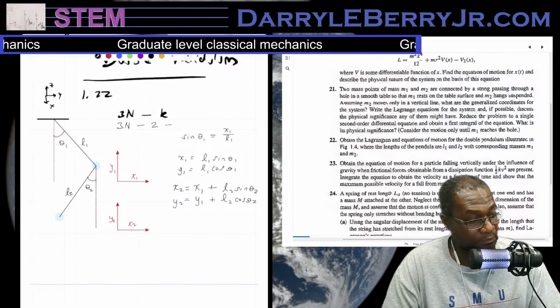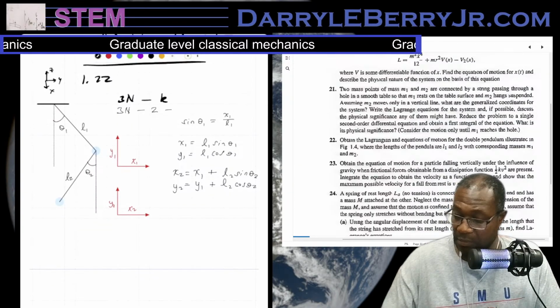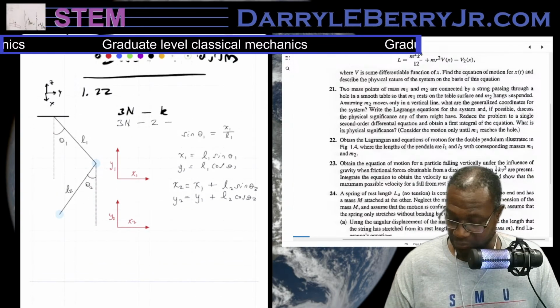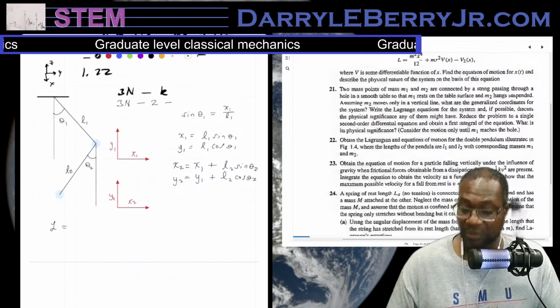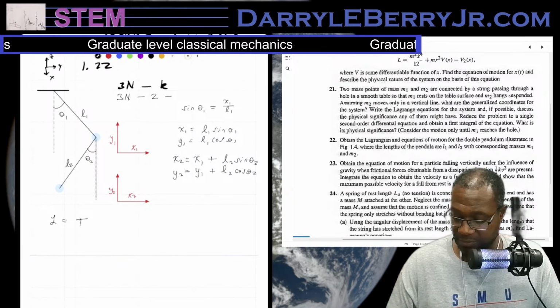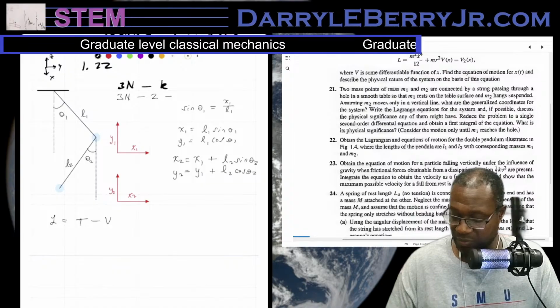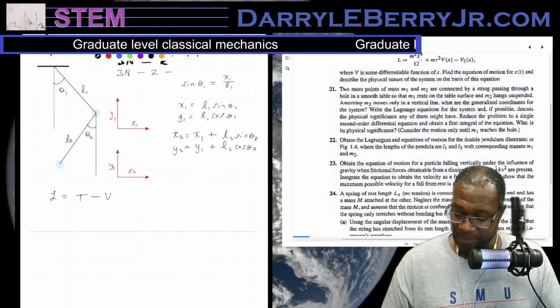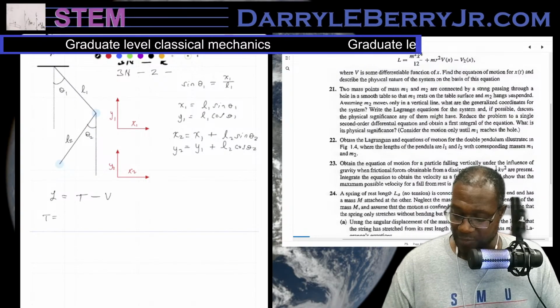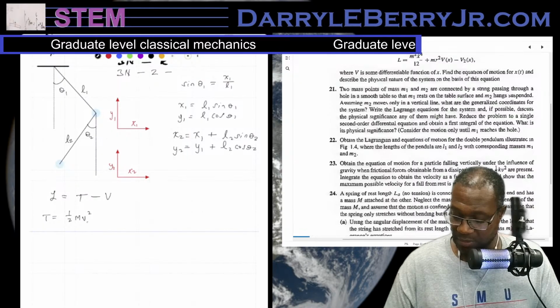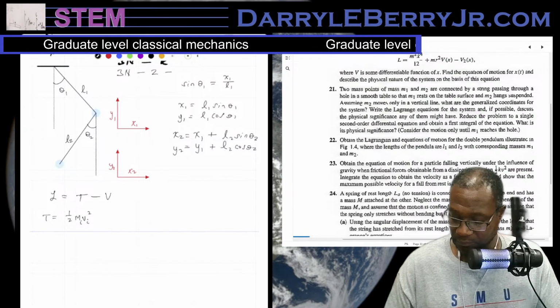That seems right. And for our Lagrangian, it's going to be kinetic energy minus potential energy. And for kinetic energy, we can take our regular 1/2 m v squared for each one.